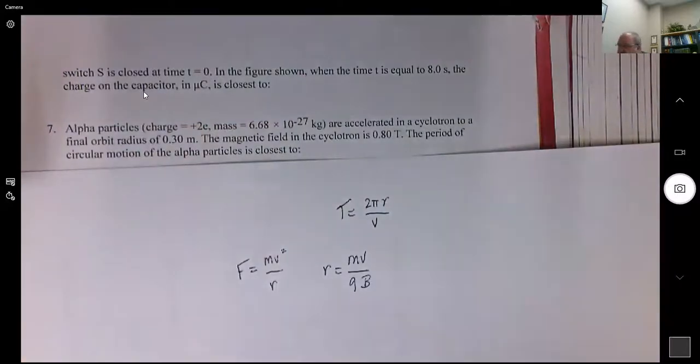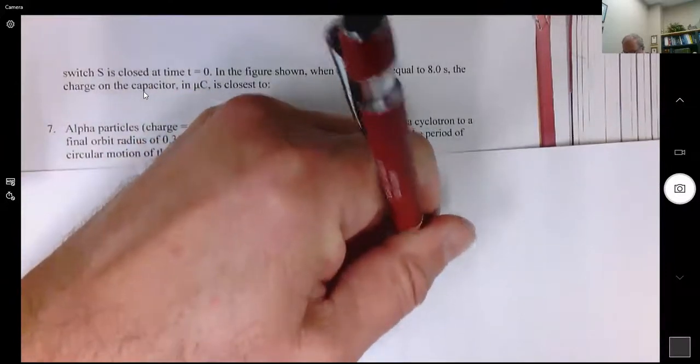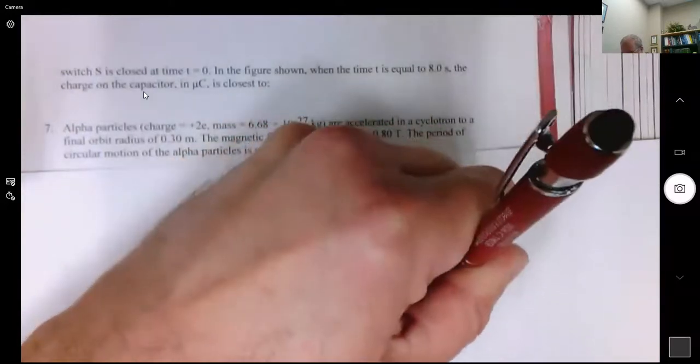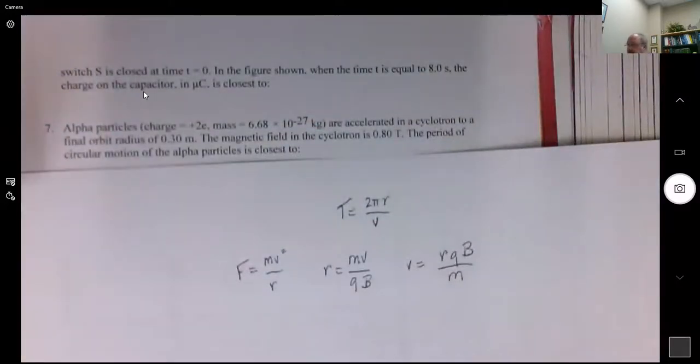Okay, so we can back calculate velocity from this. We'll just go ahead and rearrange this. And velocity is equal to R times Q times B divided by the mass of the particle.